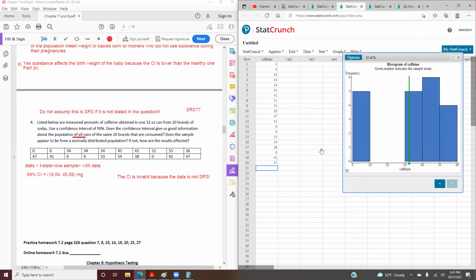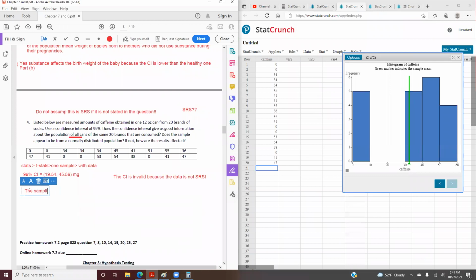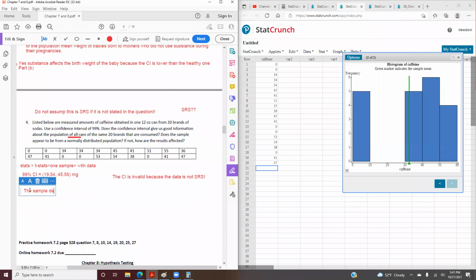So you think this is normal? Because the question asks whether the sample appears to be normal. In this case, this is not normal. So the sample data is not normal.